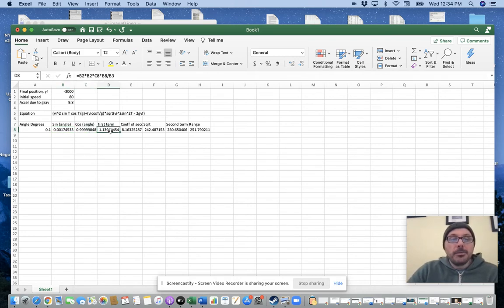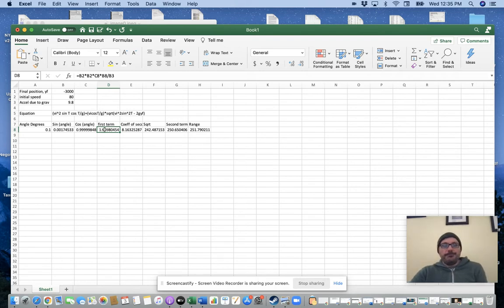And then the first term, let's see what I did. I took B2 times B2, right? So that's initial speed times initial speed, which is correct, times C8, which is this here, the cosine, times B8, which is the sine, and I divide it by B3, which is the acceleration due to gravity, and that's my vi squared sine cosine over g equation.